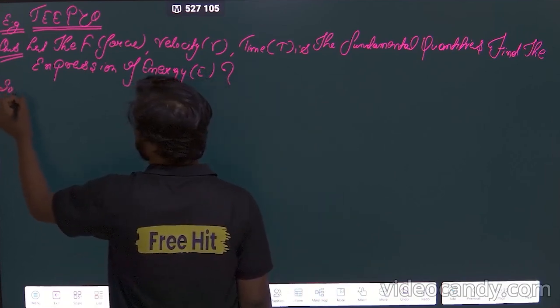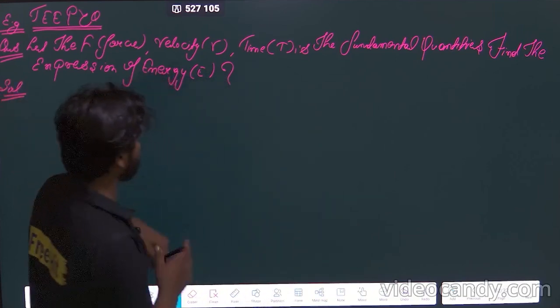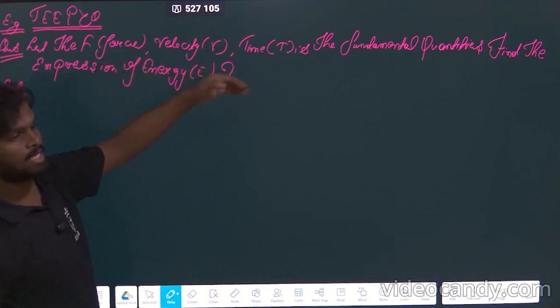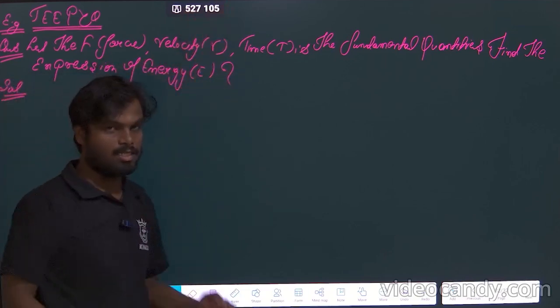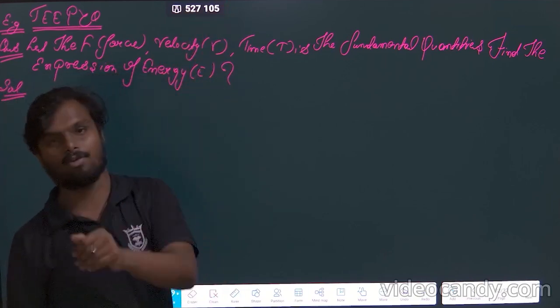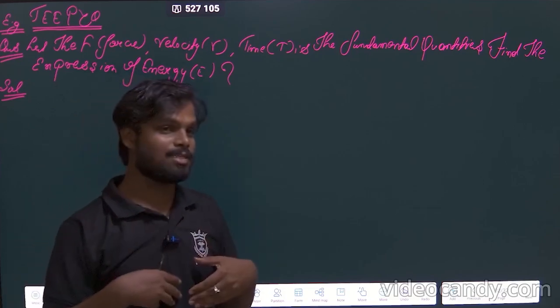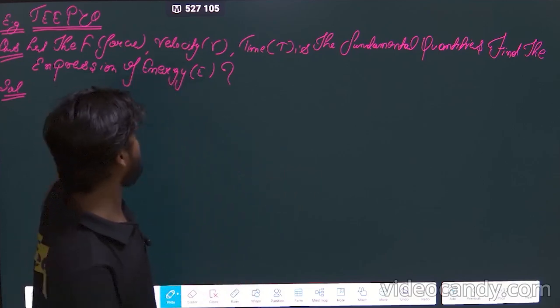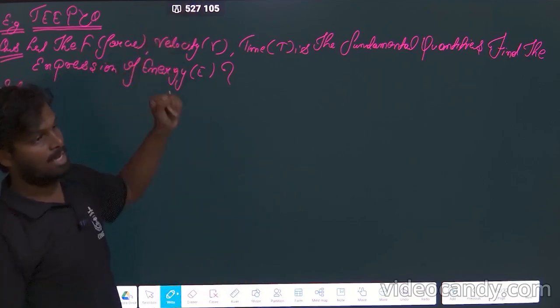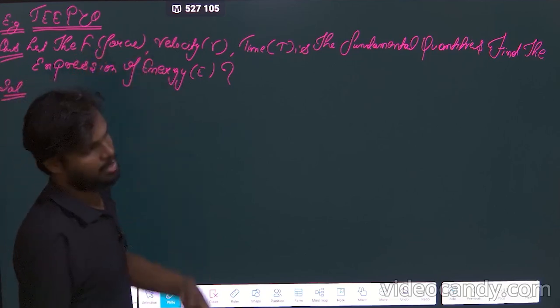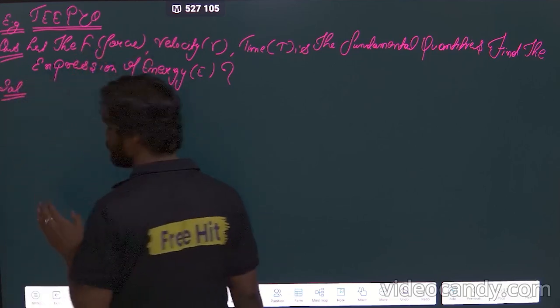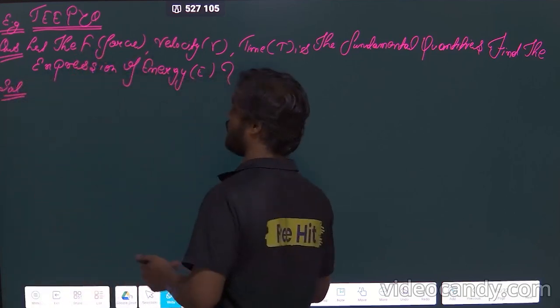See, now they said force, velocity and time are new fundamental quantities. Initially we have seen only 7 fundamental quantities. Now they have themselves derived new fundamental quantities, and by these you have to find the answer. Then what approach you have to follow? You have to follow the same thing I told you, no other steps.